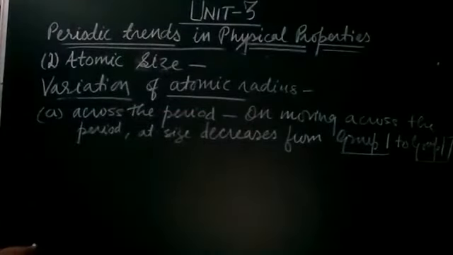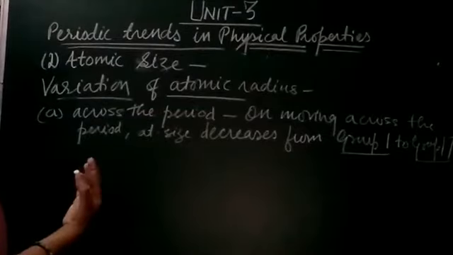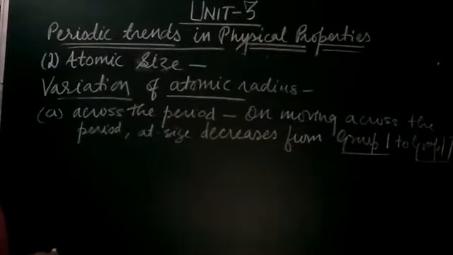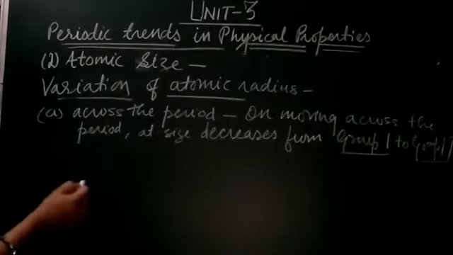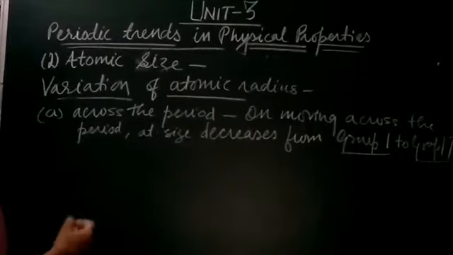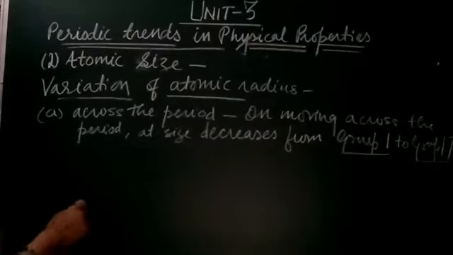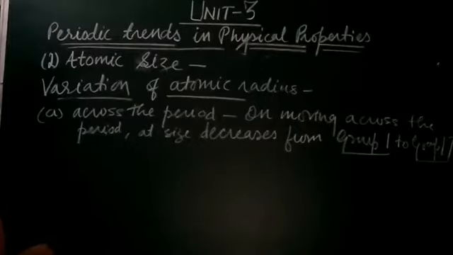Can you tell why? Because with every increase in the atomic number, there is an increase in the nuclear charge. One electron will be added. With increase in the atomic number, there will be increase in the number of electrons in the same shell, and simultaneously the number of protons in the nucleus is also going to increase.